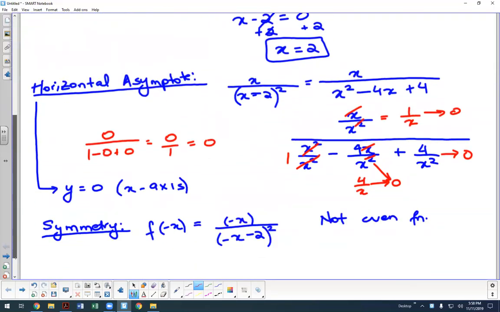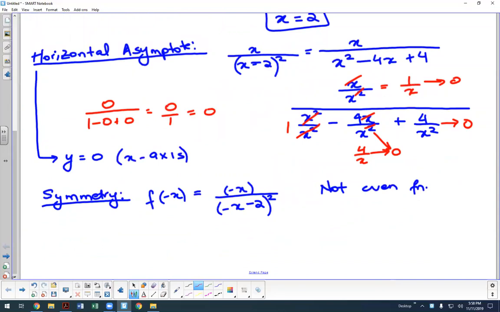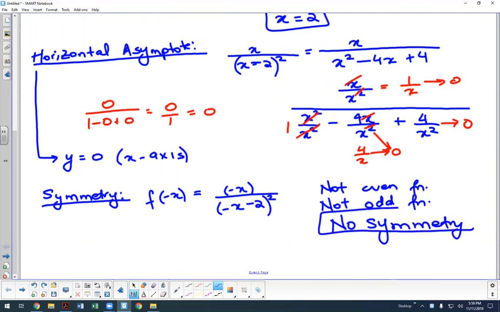And as you can see, that's not the case because I still have a negative x on my denominator, which means I don't even have an even function here. Not odd. And that leads us to the conclusion that we have actually no symmetry. Okay, so there will be no symmetry on this graph.